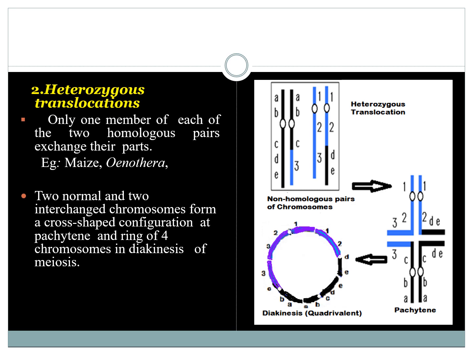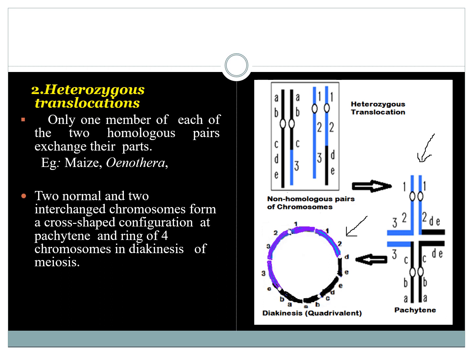The two normal and the two interchanged chromosomes pair to form a cross-shaped configuration at the pachytene stage of meiosis. This is the cross-shaped configuration. The occurrence of crossing over and chiasma formation in each arm of the quadrivalent results in the formation of a ring of four chromosomes, or quadrivalent, at diakinesis and metaphase one.